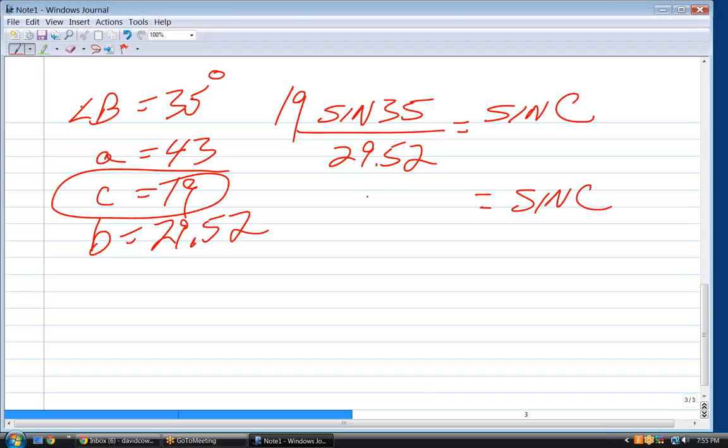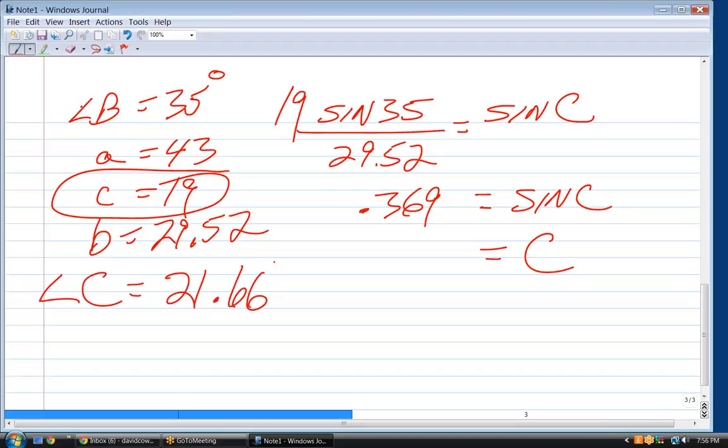Sine C equals 0.369. Okay, that's within its range. What's angle C equal to? 21.66. All right, now things make more sense.